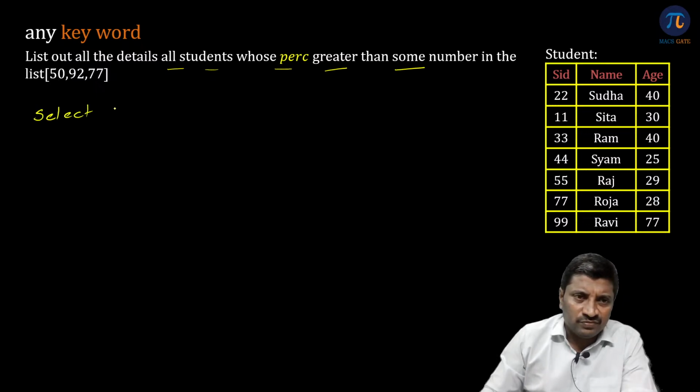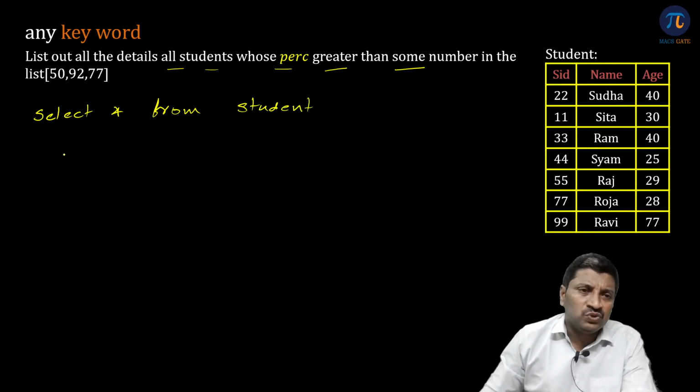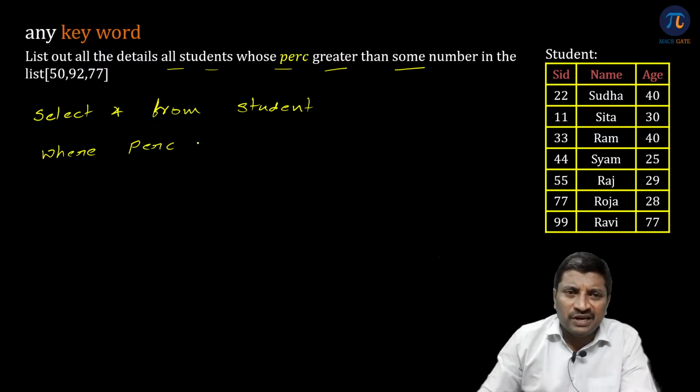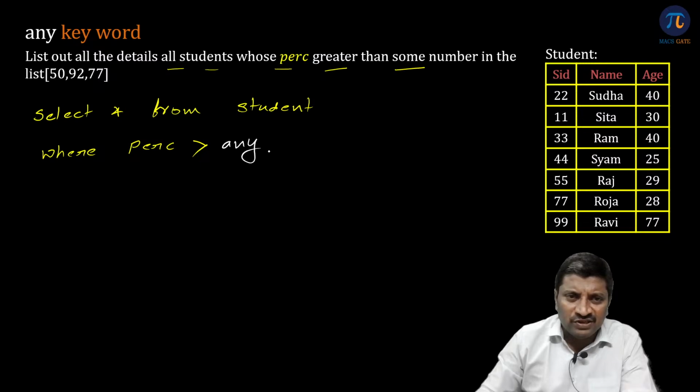Select star from student, where percentage greater than. Here I need to write that keyword, either sum or any, sir. So let us fix any.